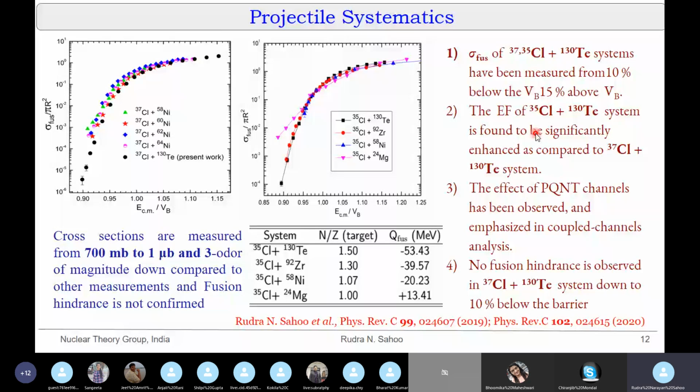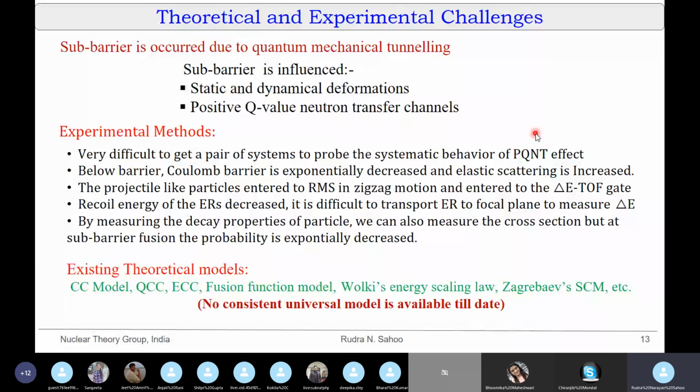So far, then I will come to theoretical and experimental challenges. The message from this study is that subbarrier fusion occurs due to quantum mechanical tunneling, and the tunneling probability is influenced by the static and dynamical deformation of the projectile and target. And the positive Q value neutron transfer channel also has effects on subbarrier fusion.